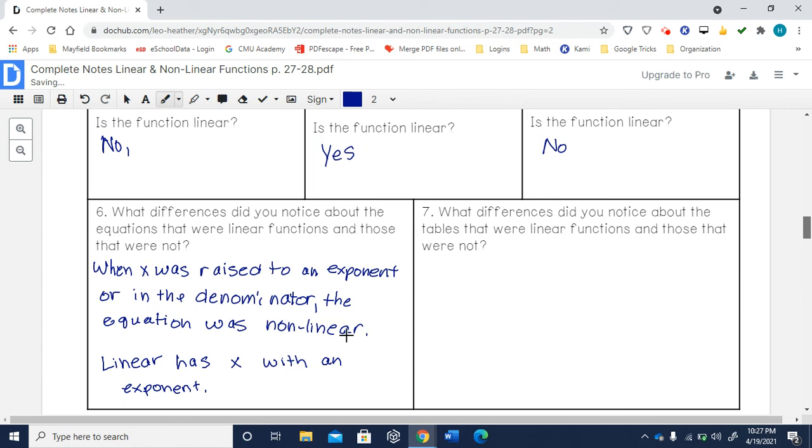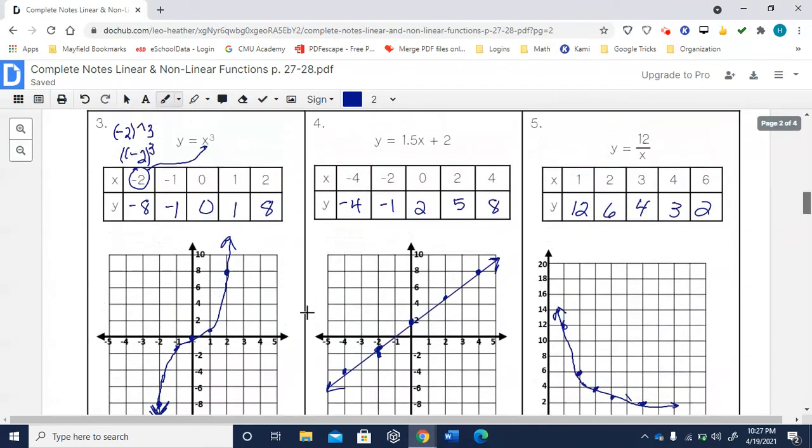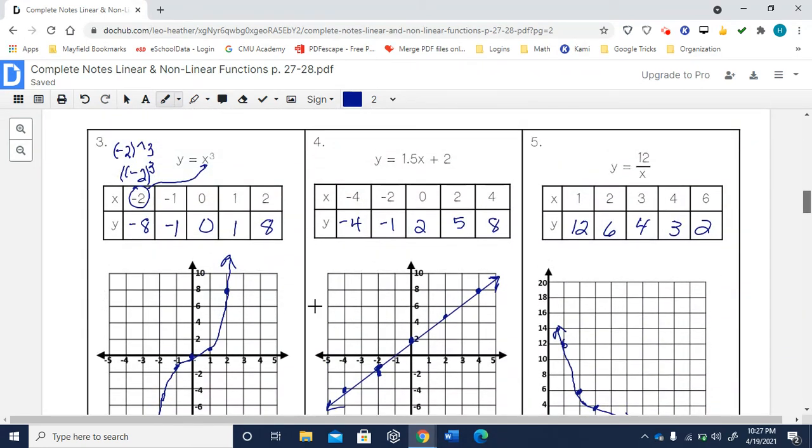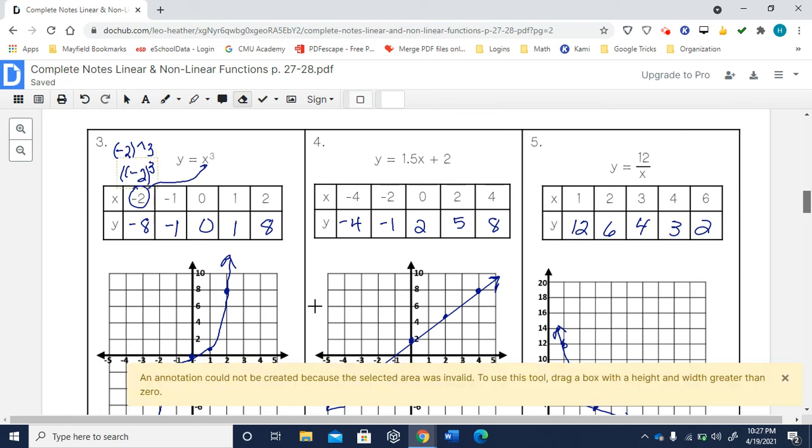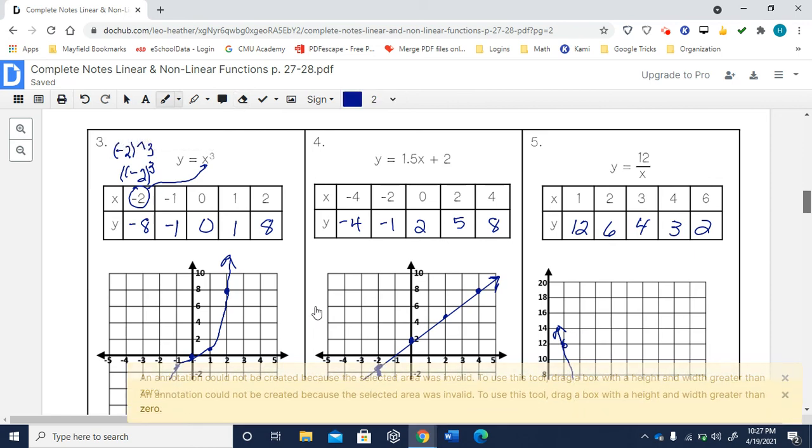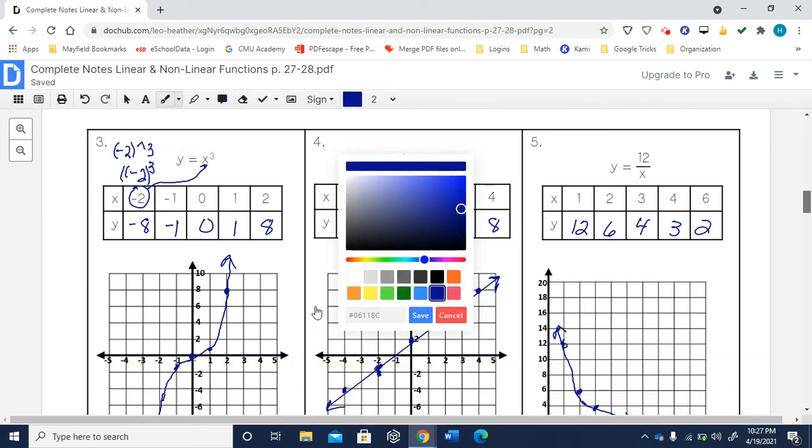Okay. Number 7, what differences did you notice about the tables that were linear functions and those that were not? So now if I just focus on the tables here, I am going to look at the slope in this case. So we're going to look at what the changes were here.